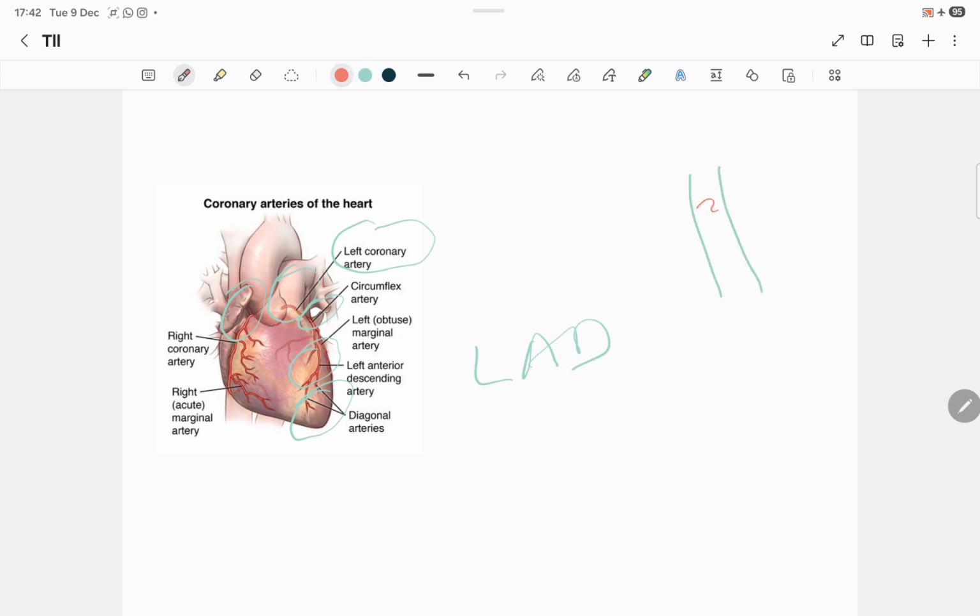If there are plaques here, this is like fat. I should have used yellow.